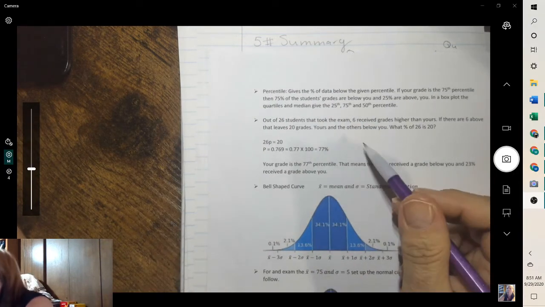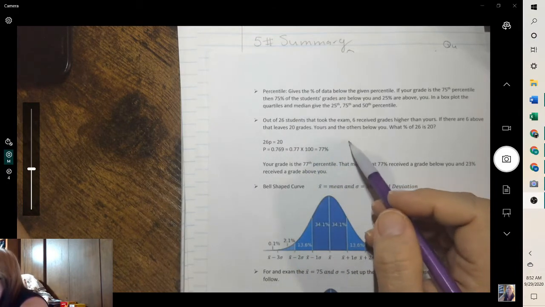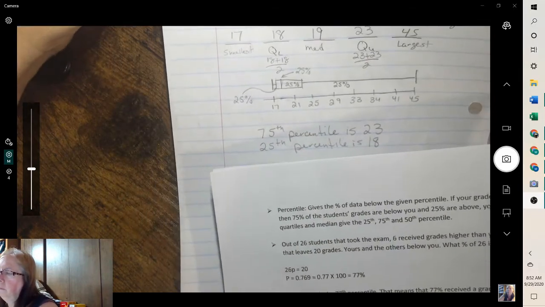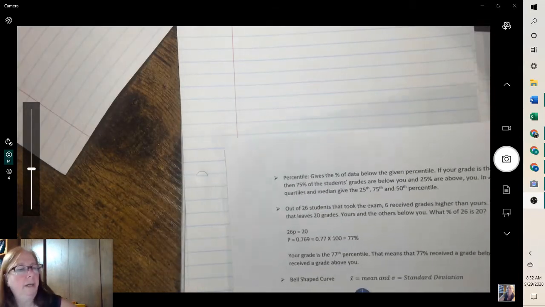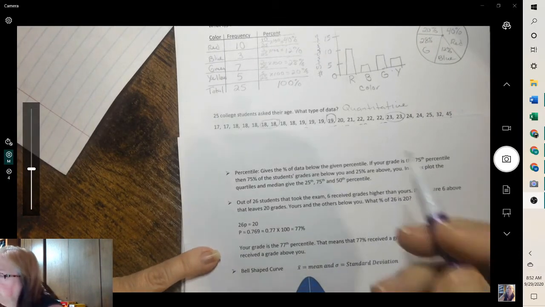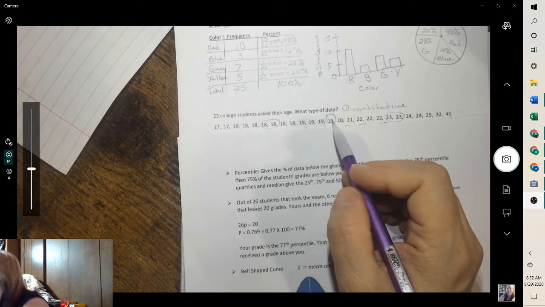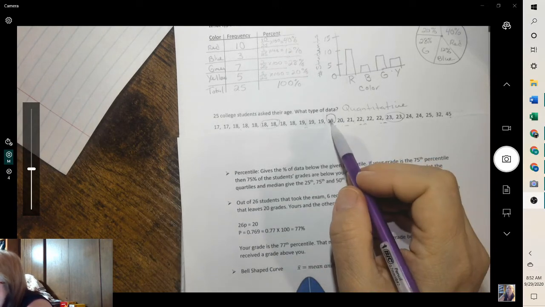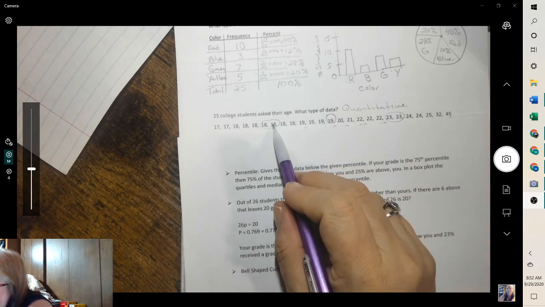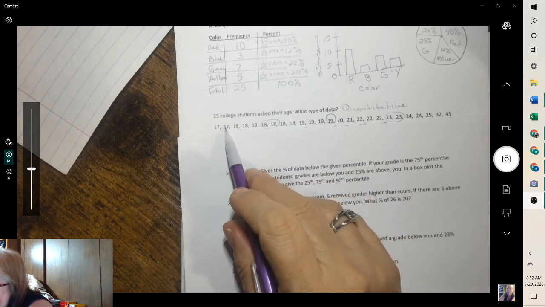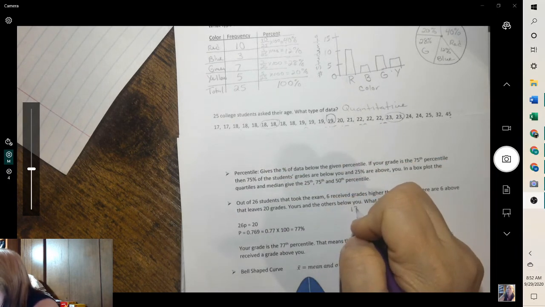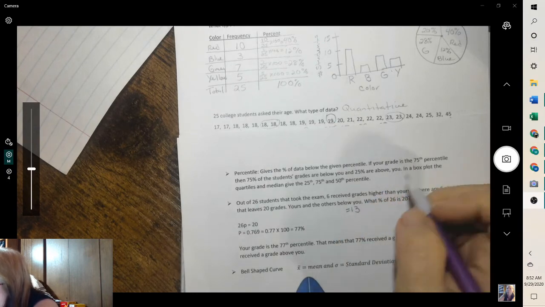So to find your percentile, you would need to know how many were below you. Where is that data? There it is. So if we had a 19 on the test, we would count how many below, 1 through 13, including you. So 13 out of the 26.